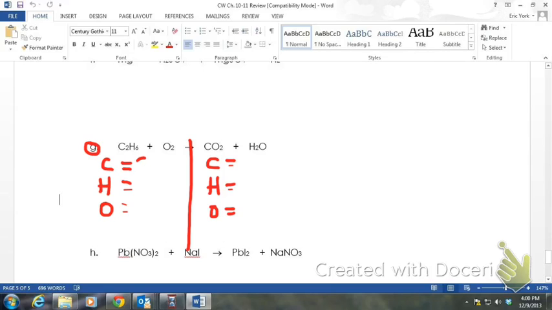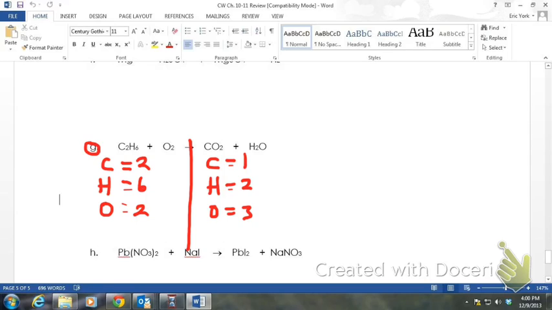We have 2 carbons on the left, 6 hydrogens on the left, 2 oxygens on the left. On the right hand side we have 1 carbon, we have 2 hydrogens, and we have 3 oxygens, and those oxygens are in 2 spots. So 1 right here, 2 right here.